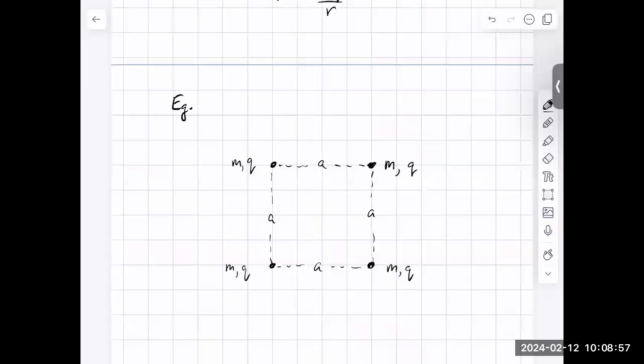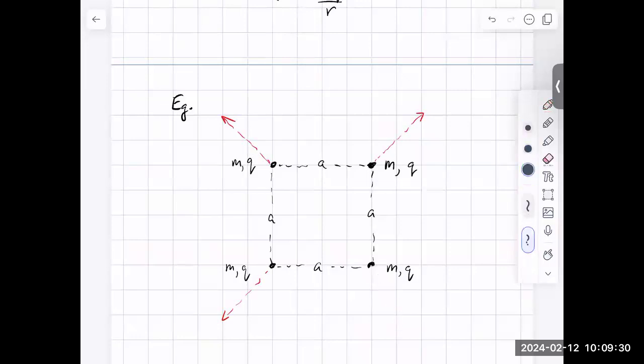There's going to be a repulsion between these like charges, and they're going to move off along diagonal directions. So this one will move off in this direction, this one will move off in this direction, and so on. And the question is going to be, once these charges are infinitely far away from one another, how fast are they moving? Okay, so that's the question that we're going to try to answer.